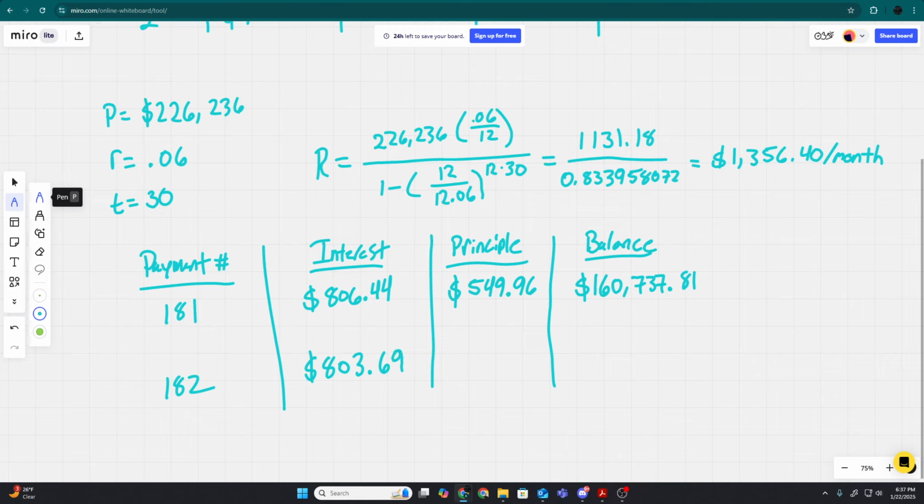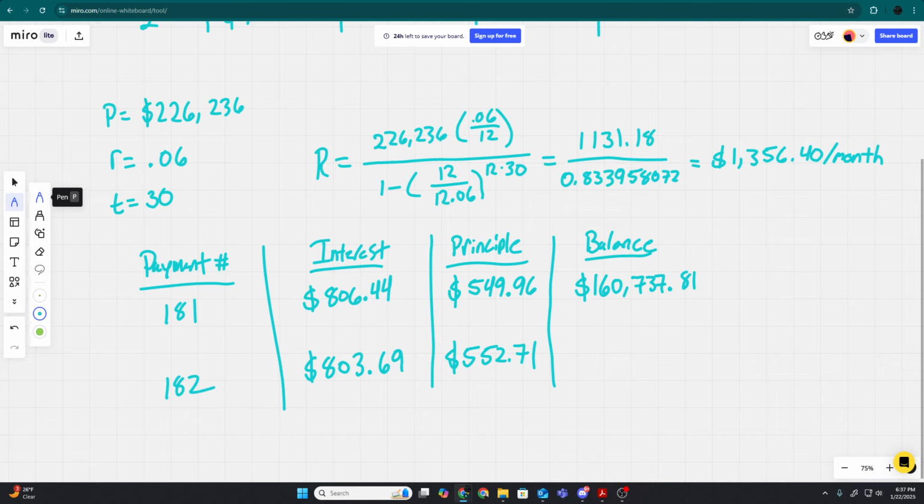If we use that to minus off from our payment, we do get a new principal, which is a little bit higher than the previous one, of $552.71.